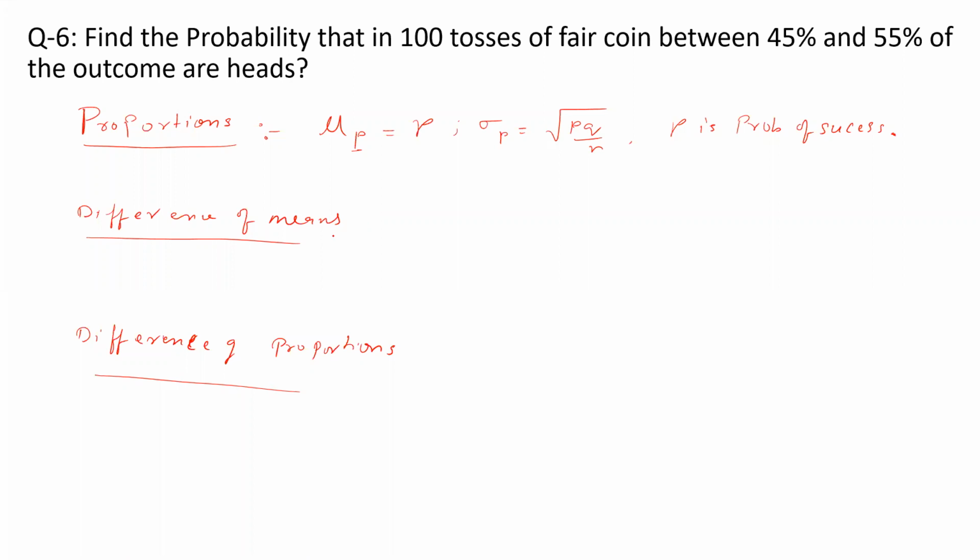So when we talk about the differences of mean, it means we have two populations involved in this.